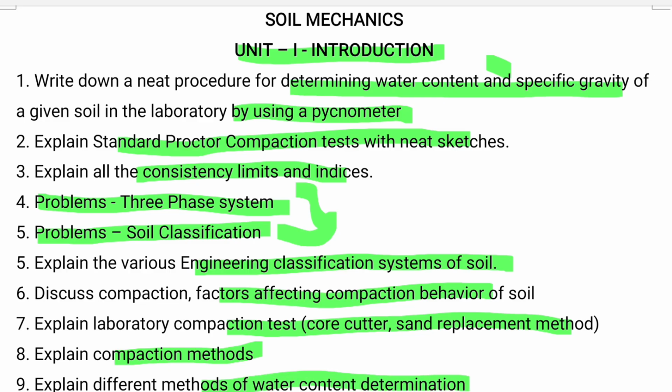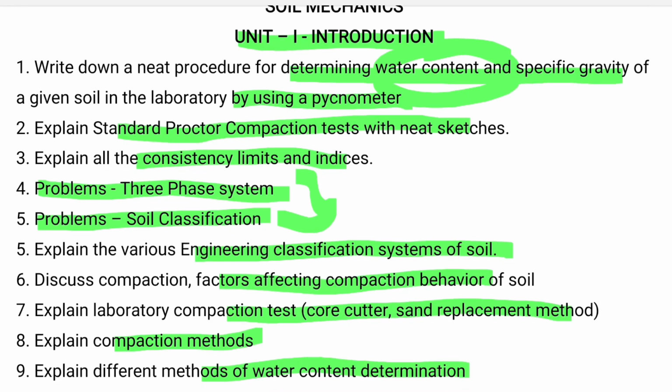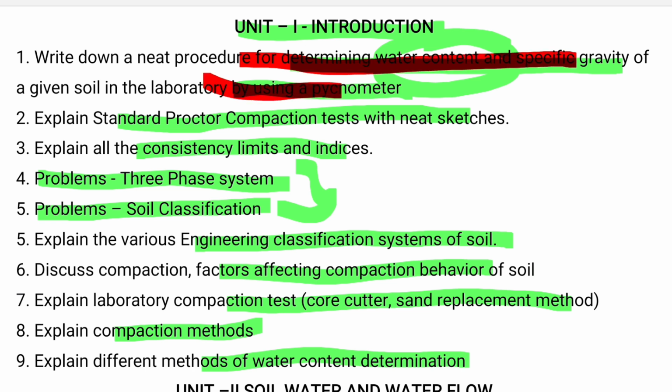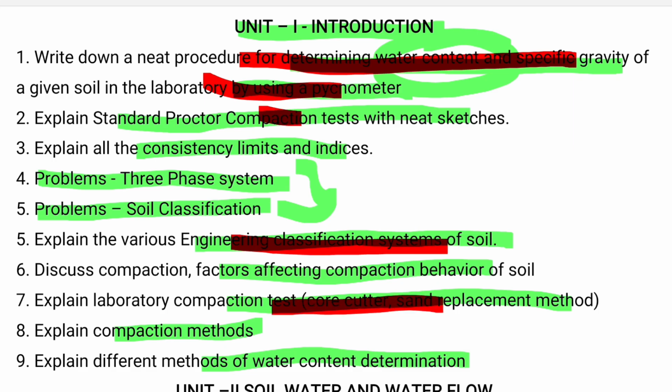We have already seen these questions. There are nine questions in all, and among them the very important theory questions are determining the water content using the pycnometer, the various classifications of soil, the laboratory compaction test, and the standard Proctor compaction.